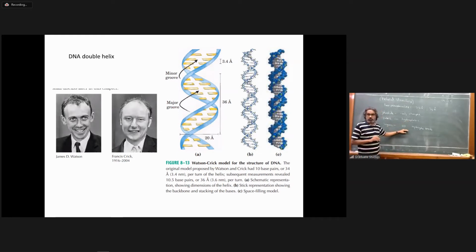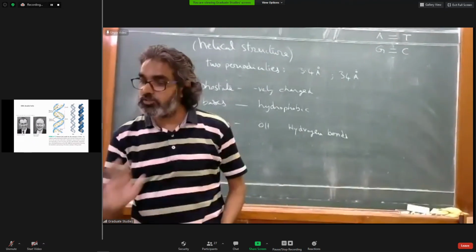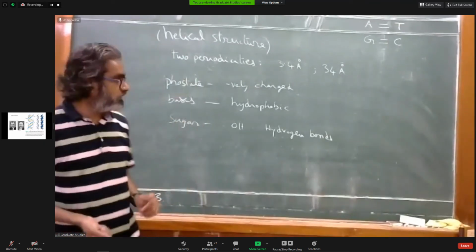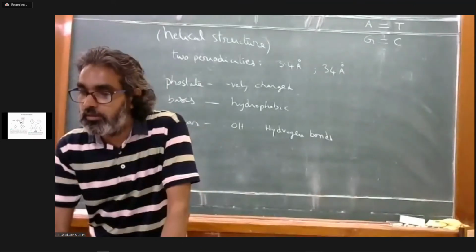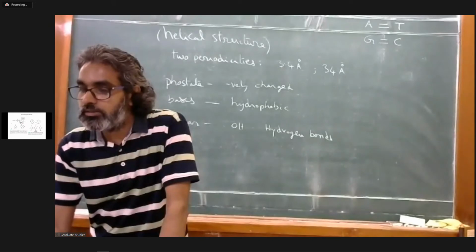Question: how did they come to the conclusion that bases are hydrophobic, because ultimately within the DNA structure they're forming hydrogen bonds with each other? No, this is information from before the structure, before the Watson and Crick structure. Let me go back a couple of slides. If you see this slide, adenine, you see all these adenines.